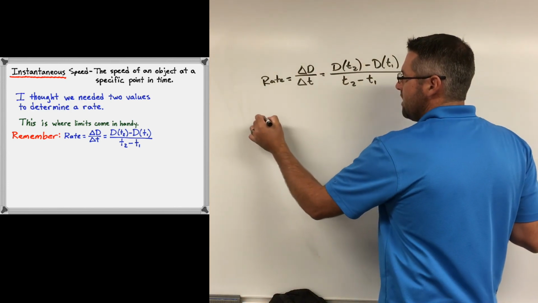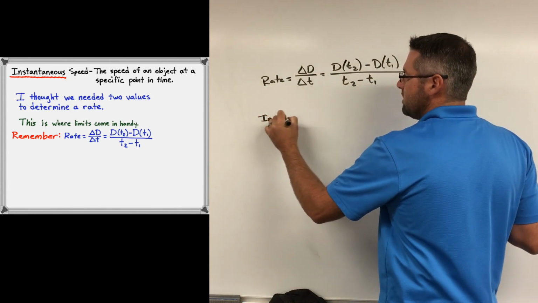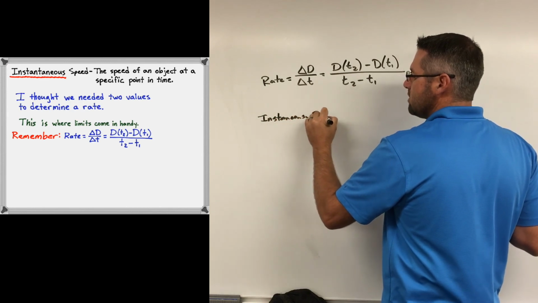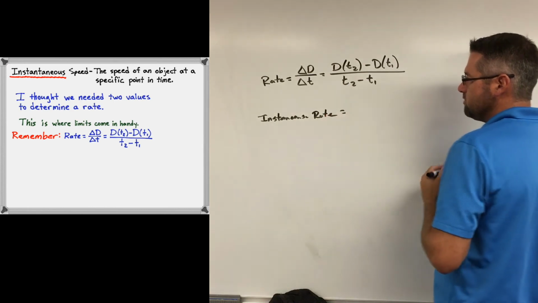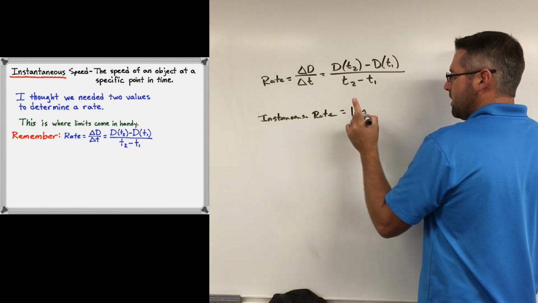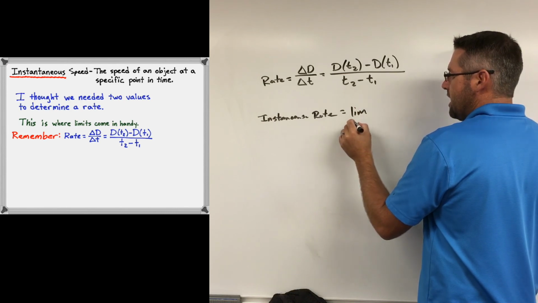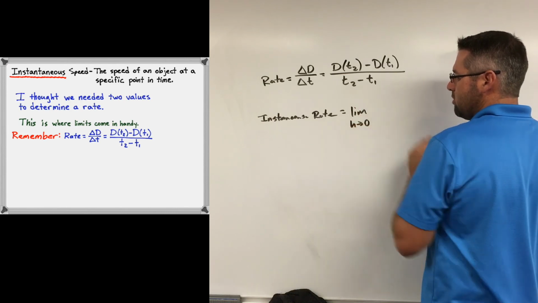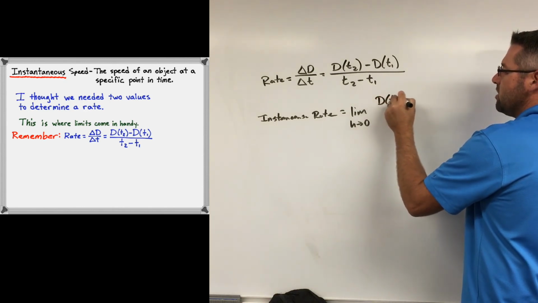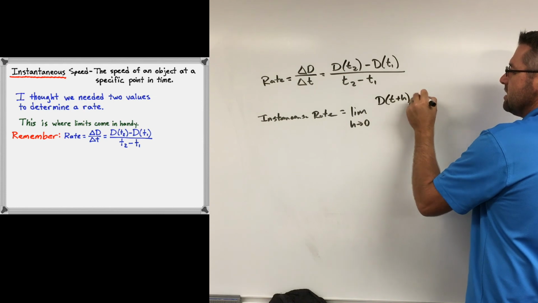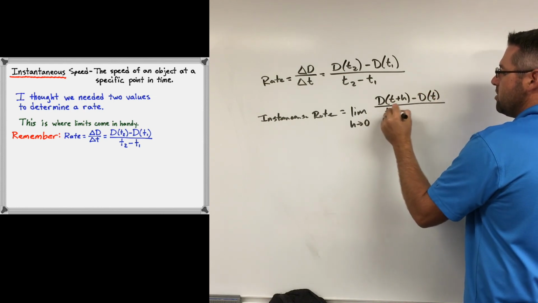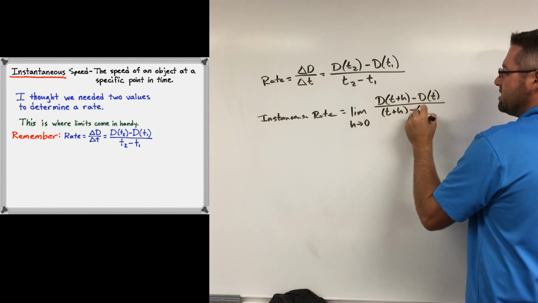We would say that the instantaneous rate is equal to the limit as h approaches 0 of d of t plus h minus d of t, over t plus h minus t.